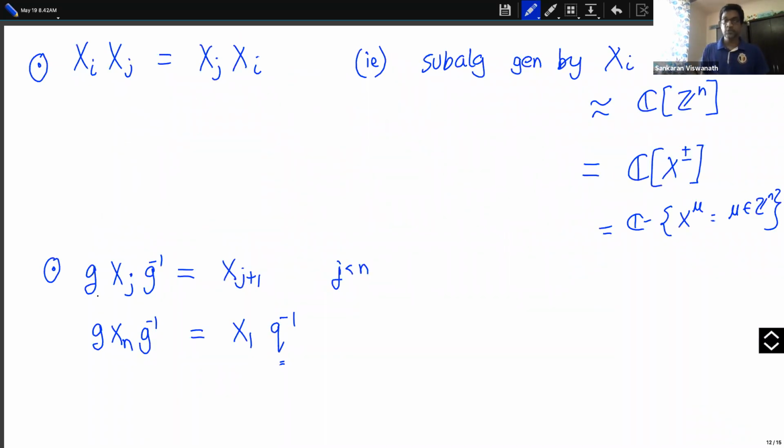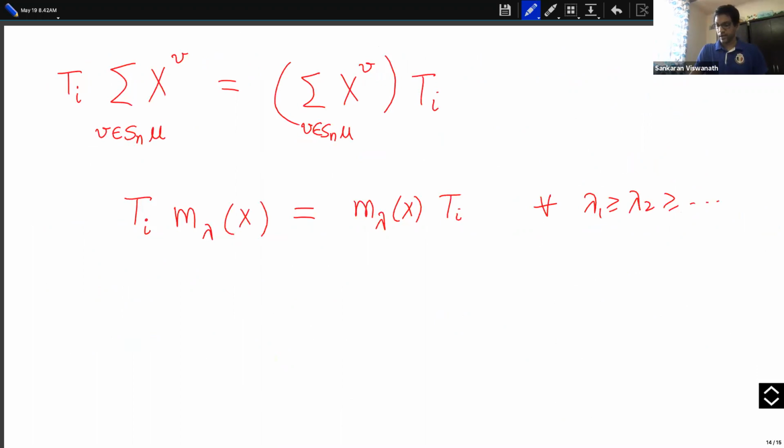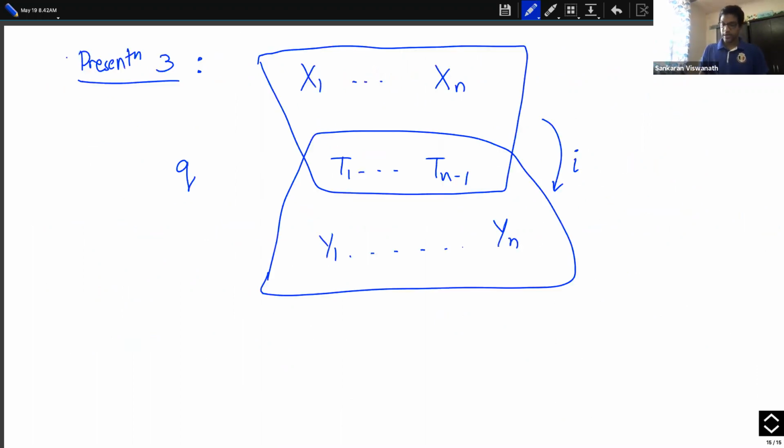The earlier equation tells you how the g's and the x's interact. So in principle, one knows how the y's and the x's interact, because the y's are given in terms of the g's and the t's, just like before. So y_1, for example, is g t_{n-1}, and so on, up to t_1. And as before, if you want y_2, you push one of them over to the other side.